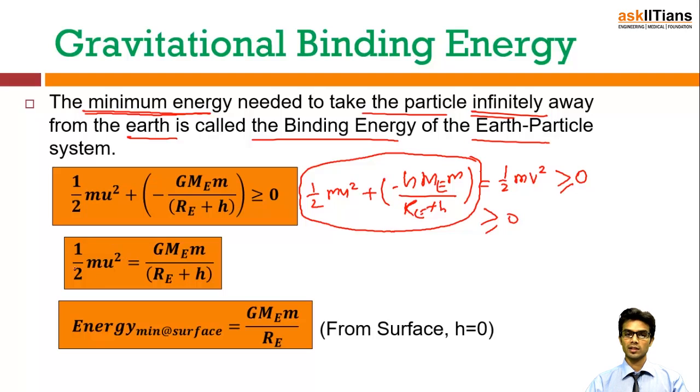So energy means kinetic energy, half mv square, which is equal to GMem by (Re plus h). That's why the minimum energy at the surface is equal to GMem by Re, since for the surface h is equal to 0. So this is the gravitational binding energy at height h. This is the minimum energy, and this is at h equal to 0.